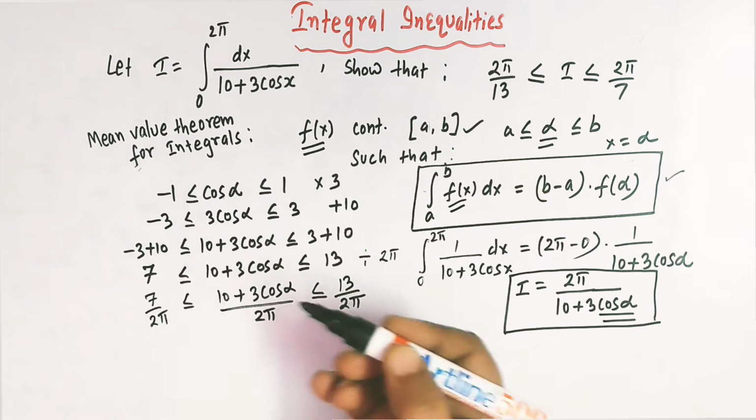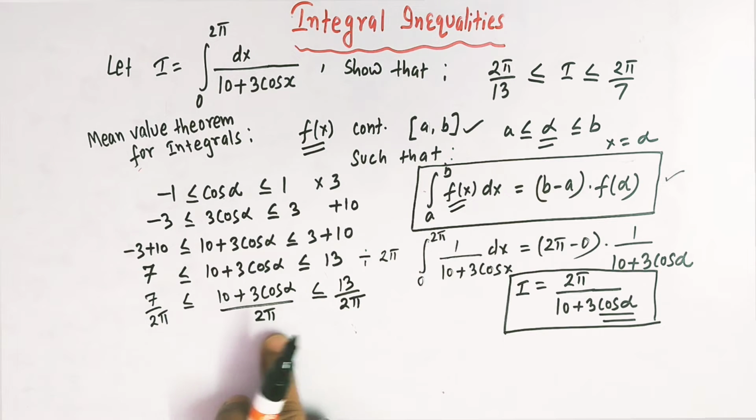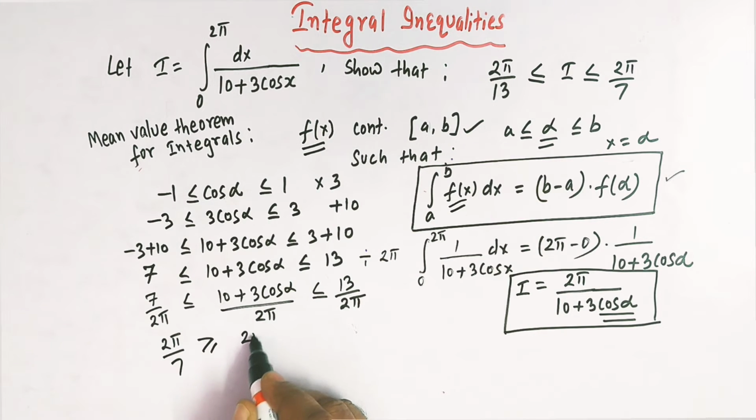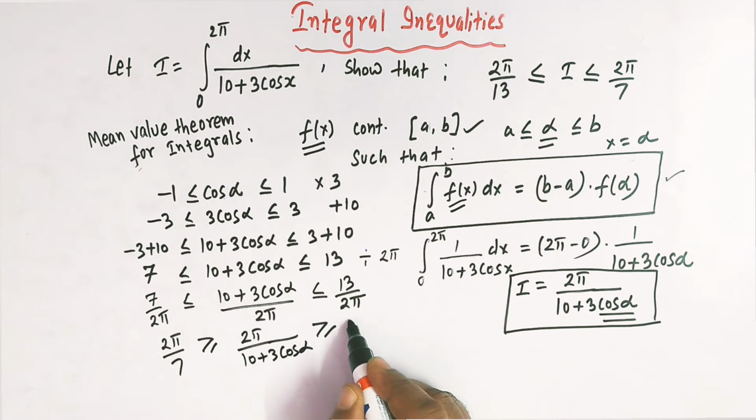Now let us take the reciprocal of all these three terms. When we take the reciprocal, we have 2 pi by 7, and the direction of the inequality gets reversed, then 2 pi over 10 plus 3 cos alpha, and then 2 pi over 13.